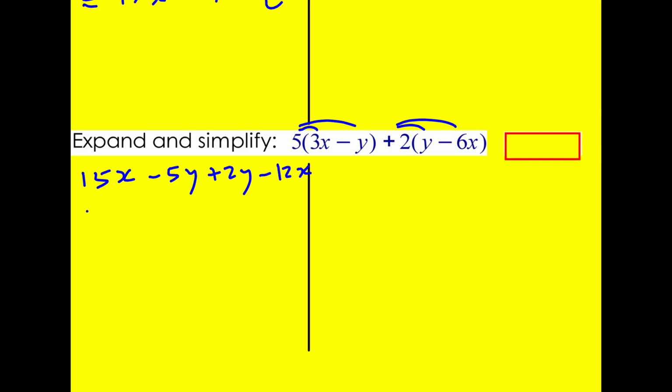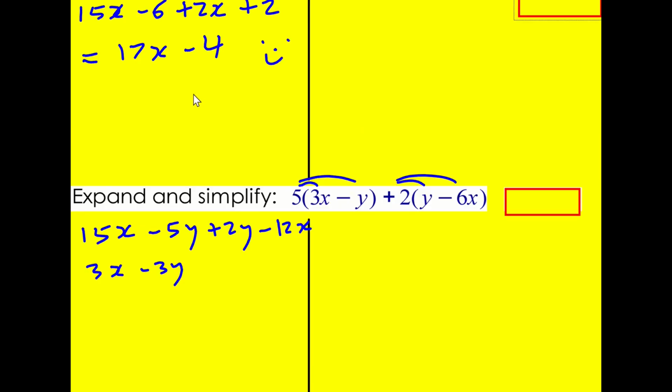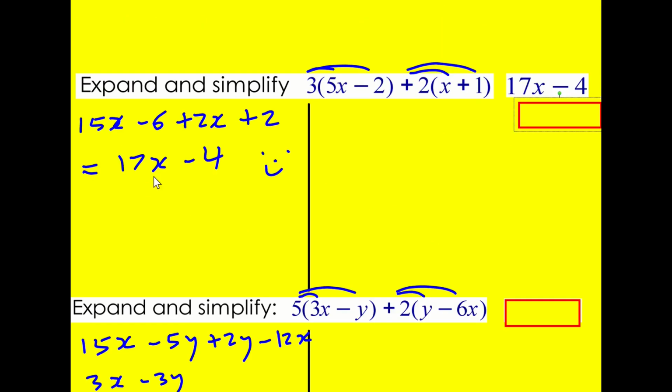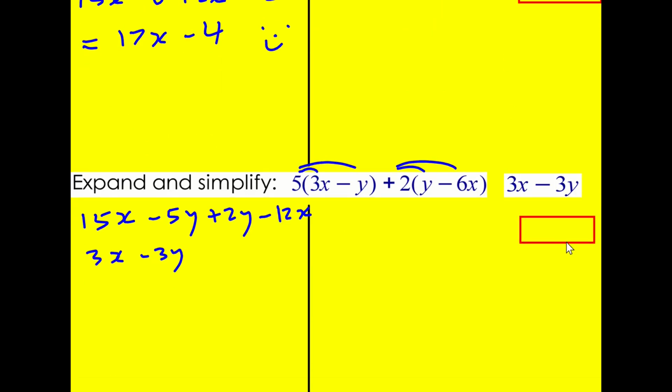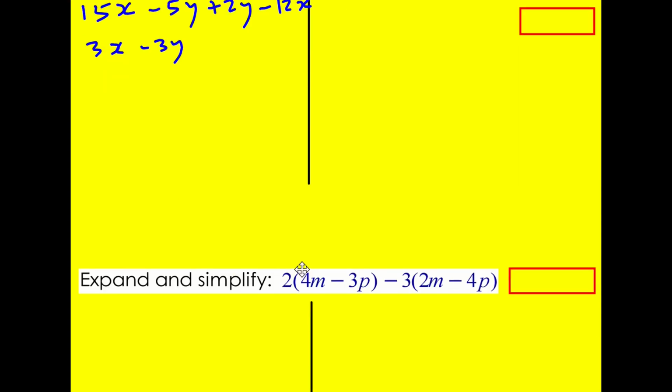Bring the x's together, that's going to be 3x, then it's going to be minus 3y. We always try and simplify after we've expanded, just to say. Okay, good.